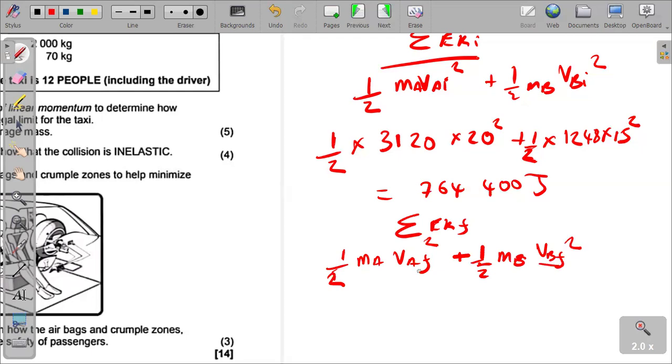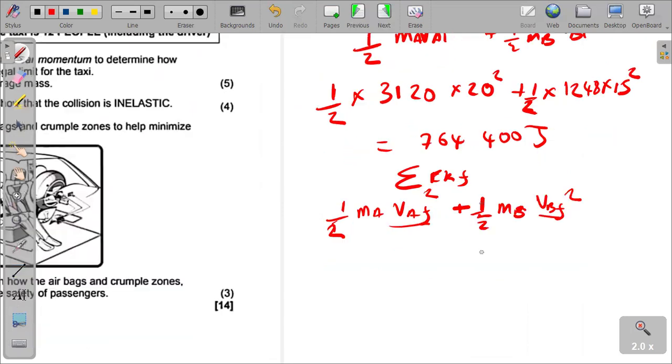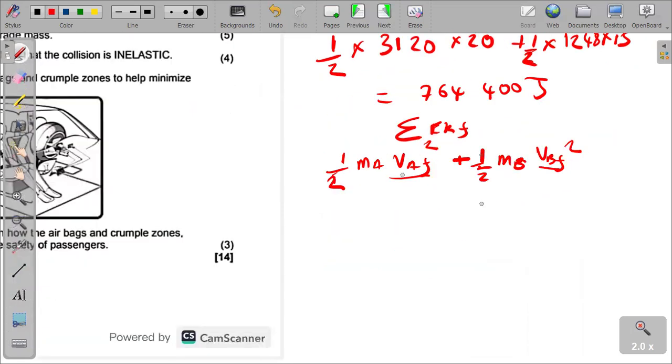But do remember VBF and VAF are the same. So we can just say half bracket MA plus MB bracket multiplied by VF squared. It will still be correct to say half bracket MA plus MB bracket times VF squared. It's not a problem, right?